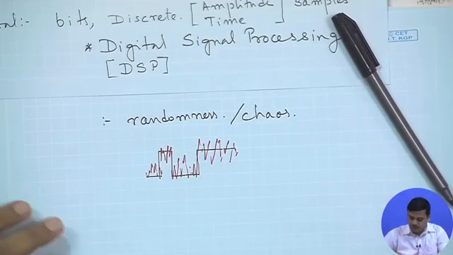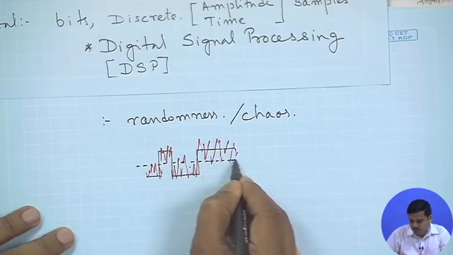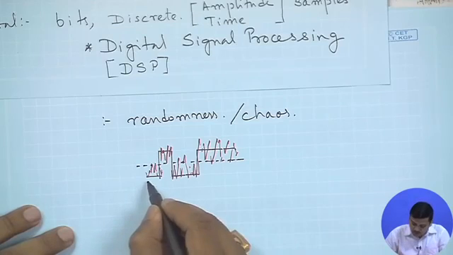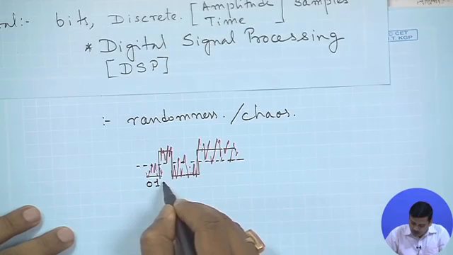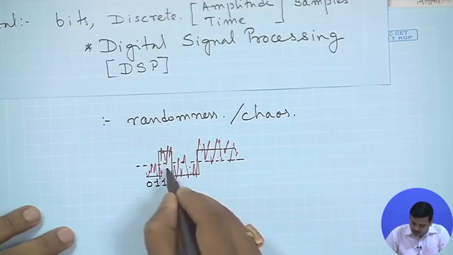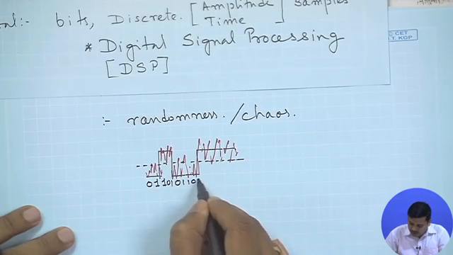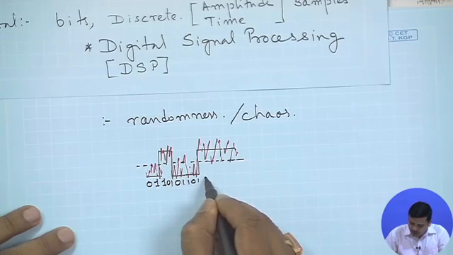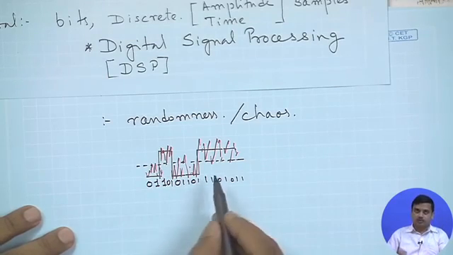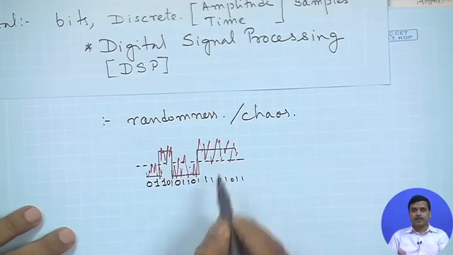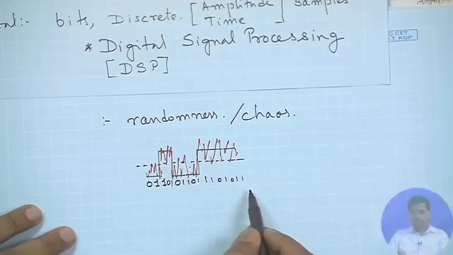And now at the receiver, if I am making a decision threshold here, what I am going to receive is probably a 0, and then in between I might get a 1, then a 0, then a 1, and so on and so forth, because the signal has crossed this threshold at some point. So that means the input sequence gets completely changed when it comes to the receiver.